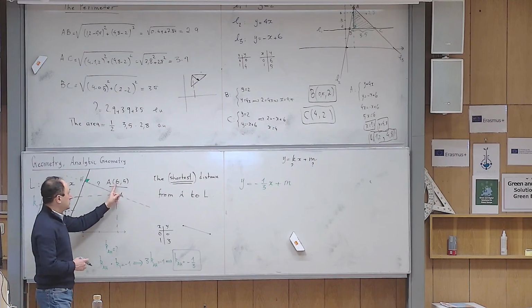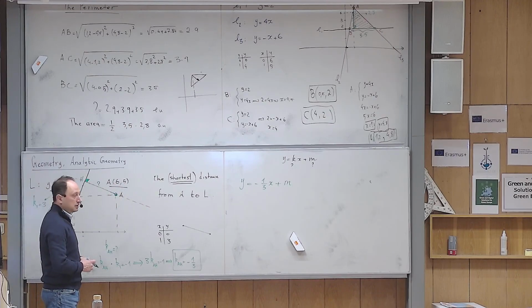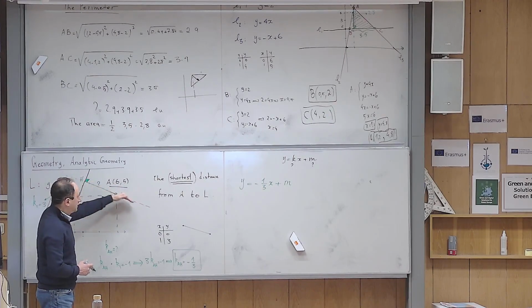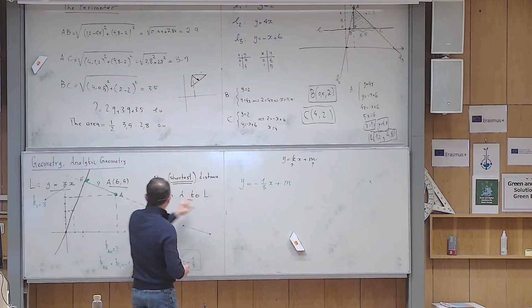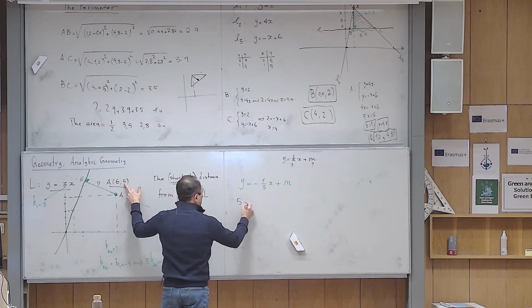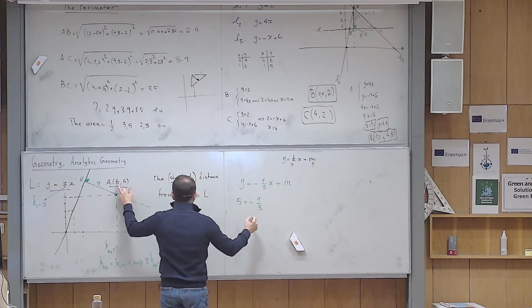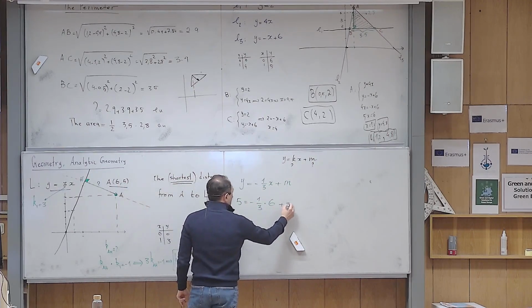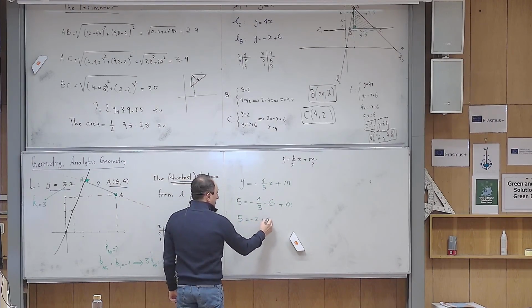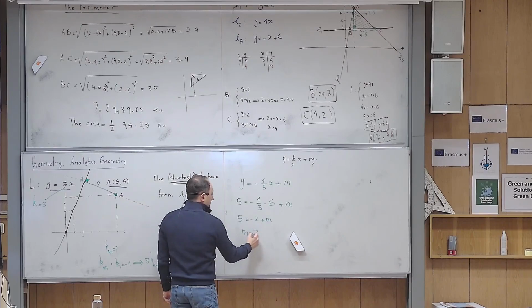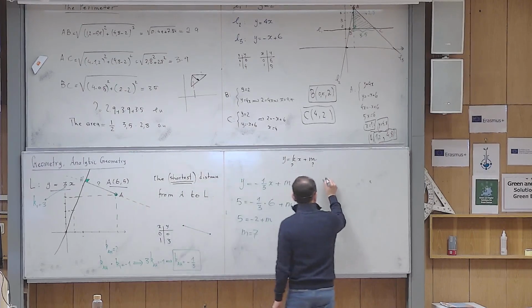The coordinates of the point are 6 and 5. And it is on this line. So the coordinates should fit the equation. It means that instead of y, I can put 5. Instead of x, I can put 6 plus m. This becomes -2 plus m, so m is 7. So now I have my equation.